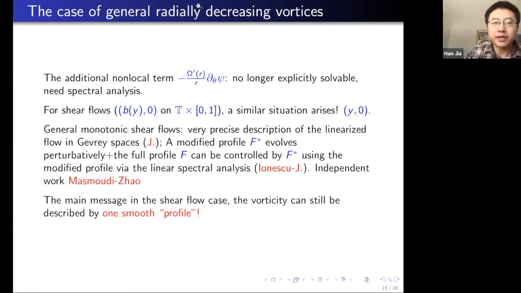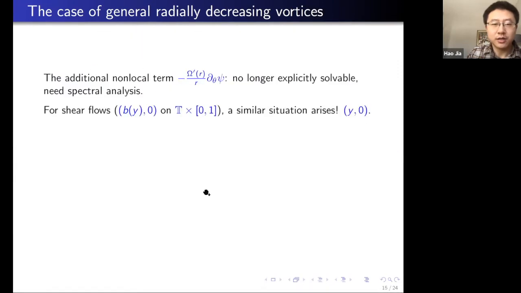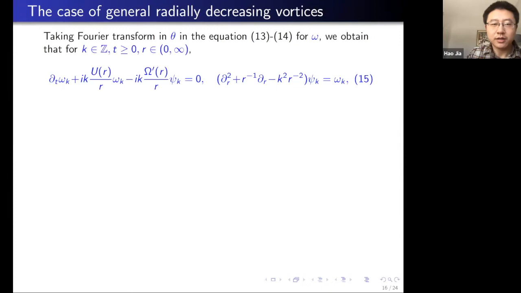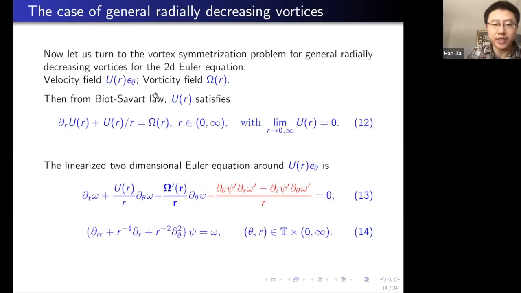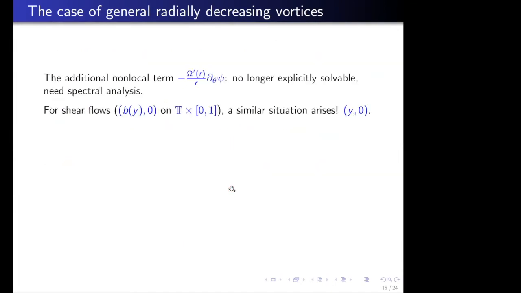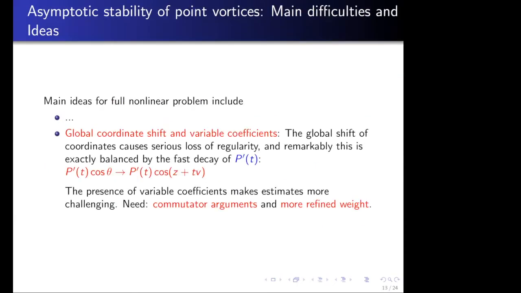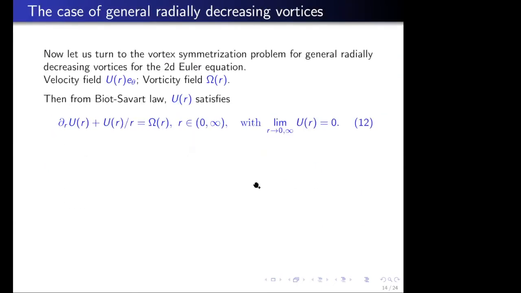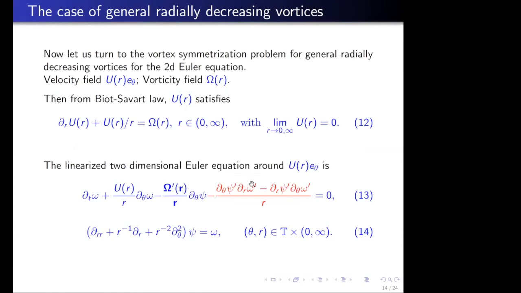Oh, sorry, there's a question on the chat. What is psi prime and omega prime? Do you mean here or previously? In the red formula, this red term, what is psi prime?